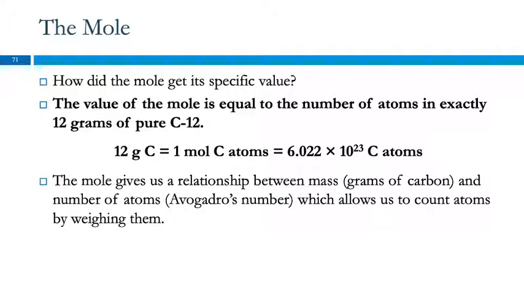Because of how these units were defined, a mole gives us a relationship between the mass in grams and the number of atoms, and it also gives us a relationship to the average mass of the atom. So this allows us to count atoms by weighing them.